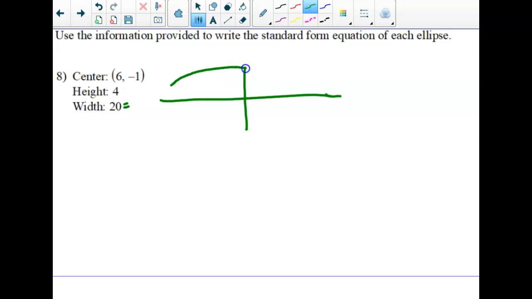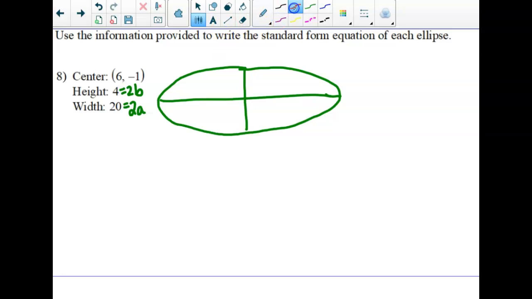Anybody know what that means? What's A? Yes, this is 2A, and this is 2B. Now, is the height always B and the width always A? No, the bigger one is always A, and the smaller one is always B.